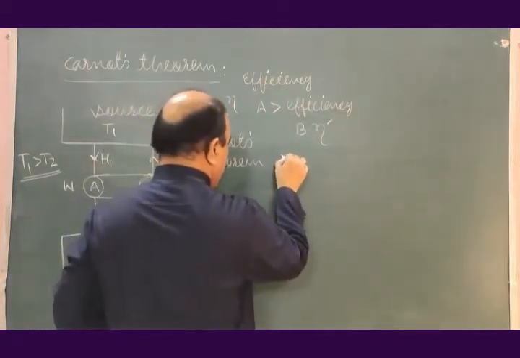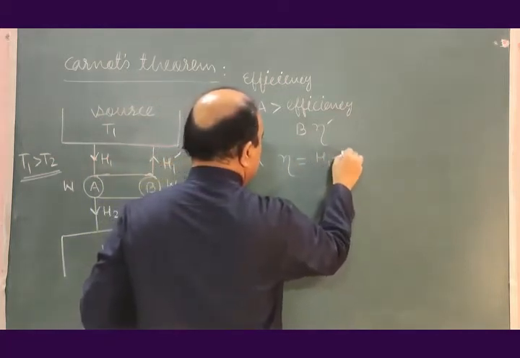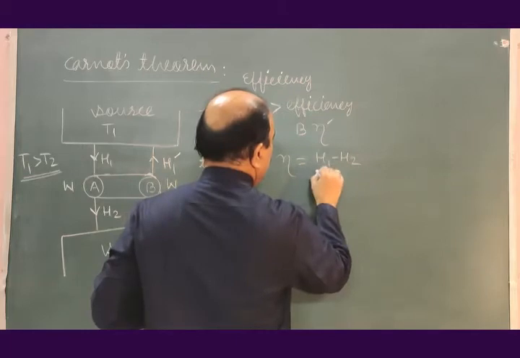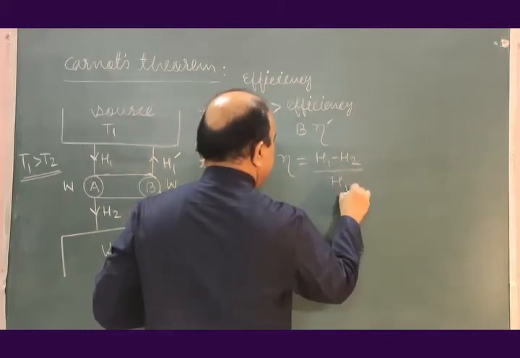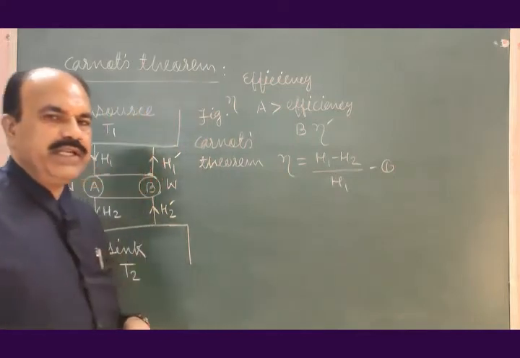What is the formula for eta? Eta will be equal to H1 minus H2 divided by H1, equation number 1.